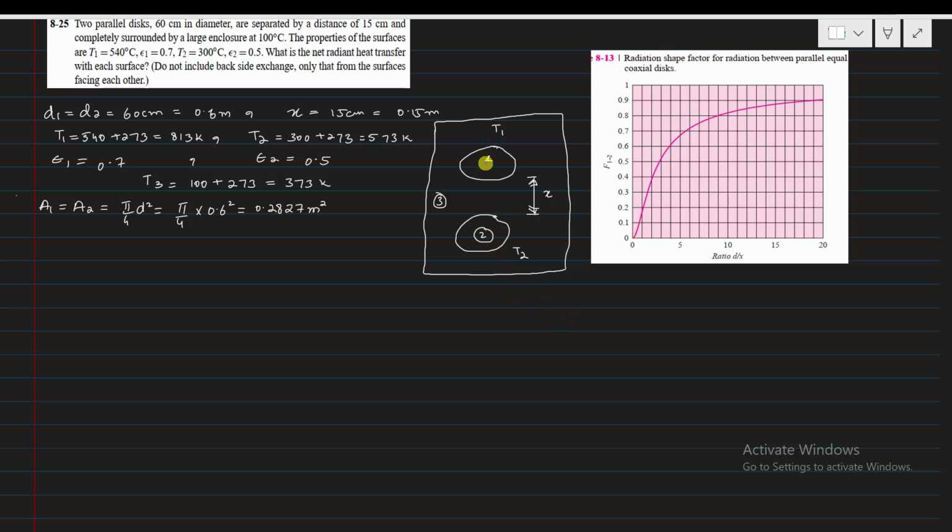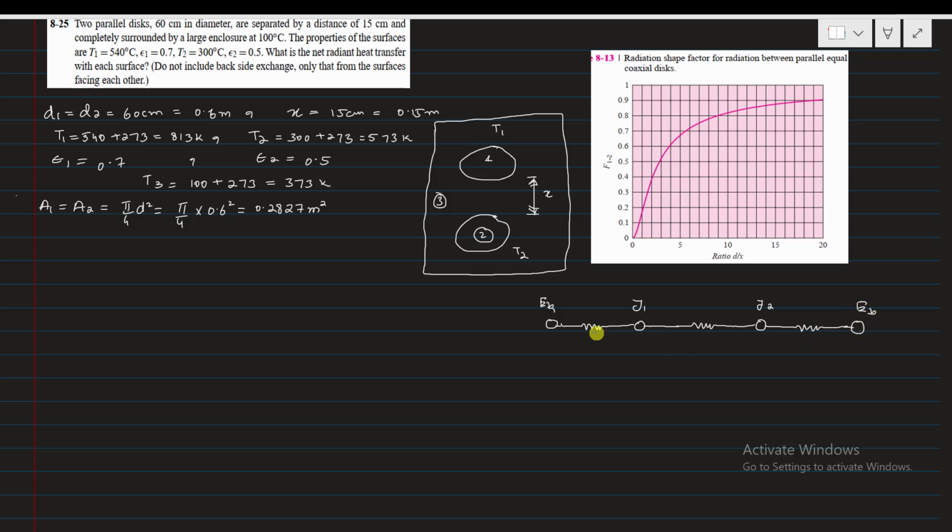So first, the heat transfer, this is Eb1. Then talking about this plate, the heat transfer occurs through its surface resistance, then its radiosity J1, then again the space resistance, and then heat transfer will reach the radiosity of body 2, J2, and then Eb2.